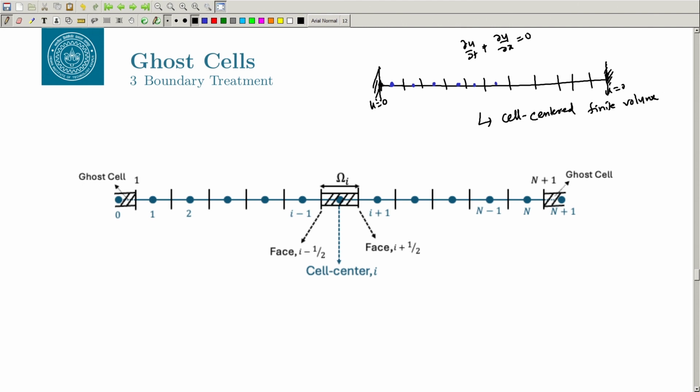There is another one which we have not discussed, the vertex centered finite volume. I think CFX uses this vertex centered, and ANSYS Fluent uses cell centered.